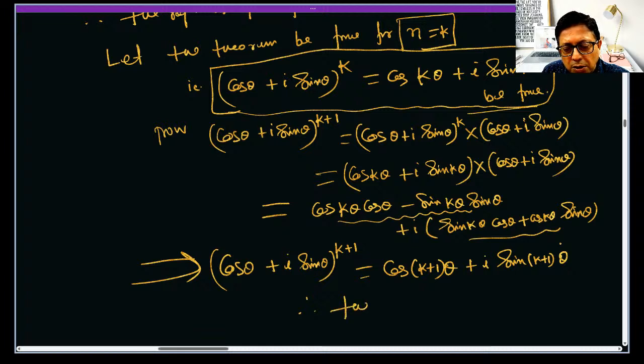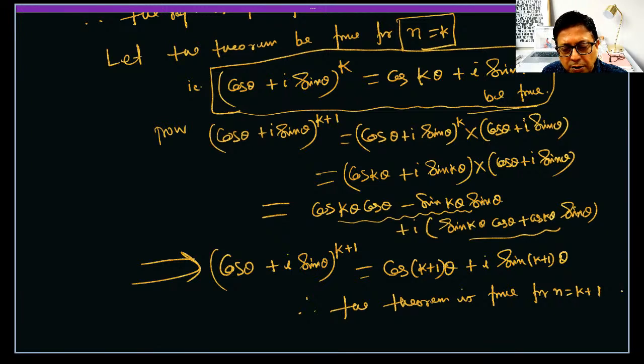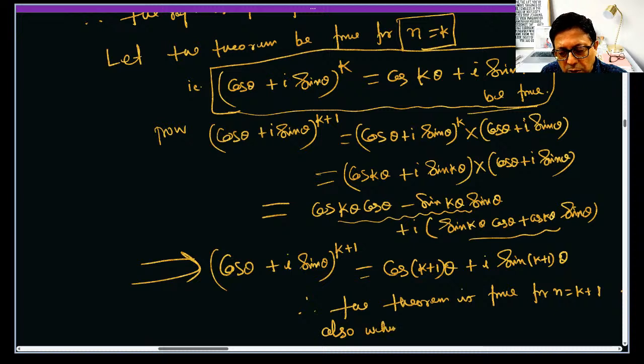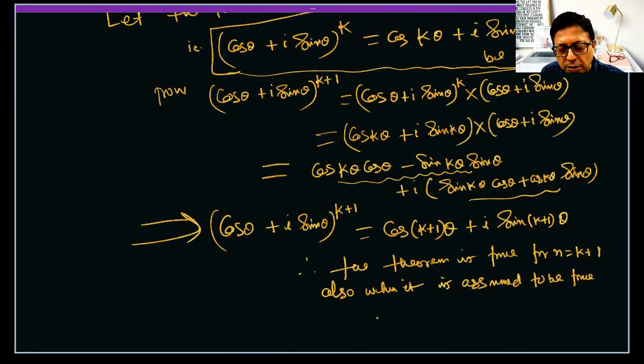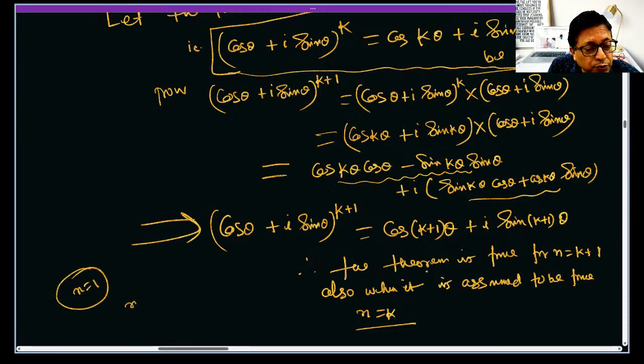So therefore the theorem is true for n equal to k plus 1 also when it is assumed to be true for n equal to k, and this completes the induction, because you have proved that true for n equal to 1, so it will be true for n equal to 1 plus 1, that is 2, n equal to 2 plus 1, that is 3, and so on.